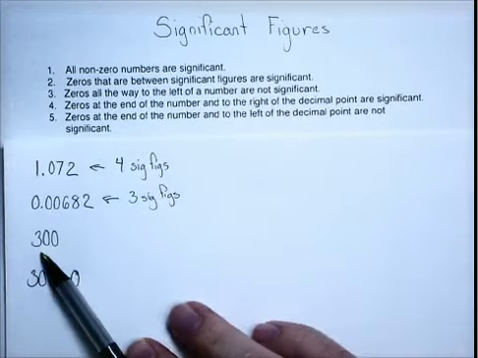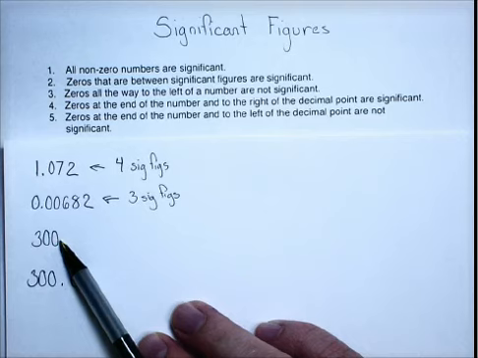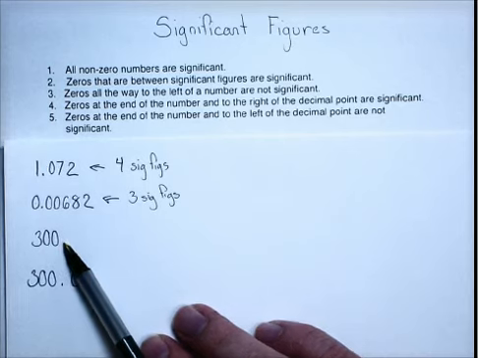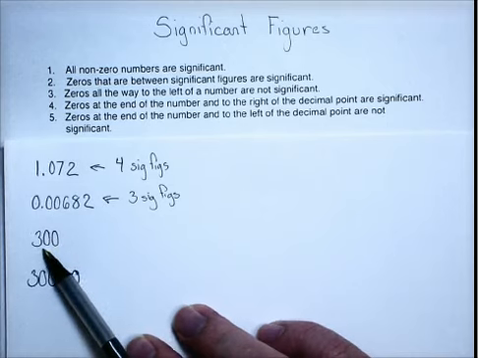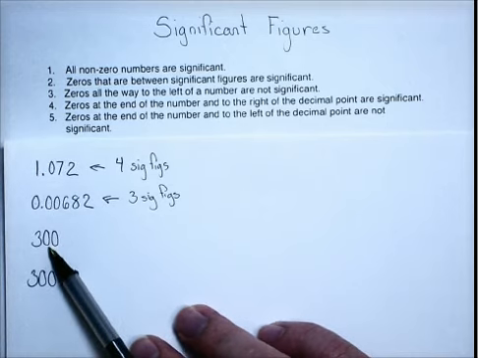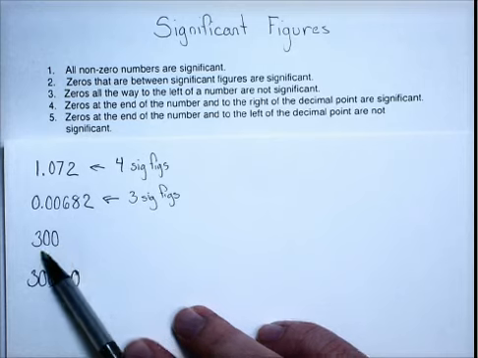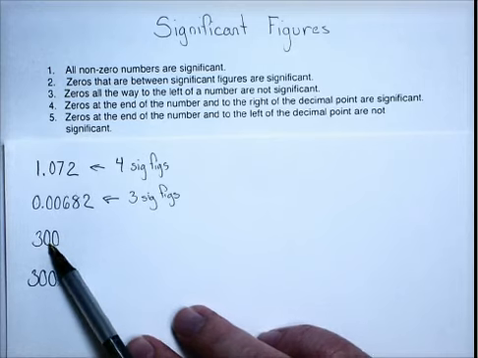Now let's look at this one, 300. We have these numbers that are all the way to the right, but notice that these zeros right here, all they're doing is telling us where the decimal point should be. It should be right there. So the zeros make the difference between 330 and 300, if you will. So since those zeros are just placeholders, they're at the end of the number and they're to the right of the decimal point, they don't count as significant.